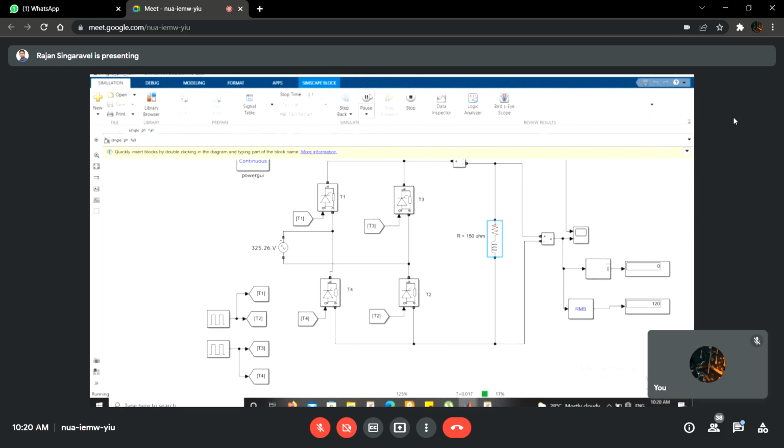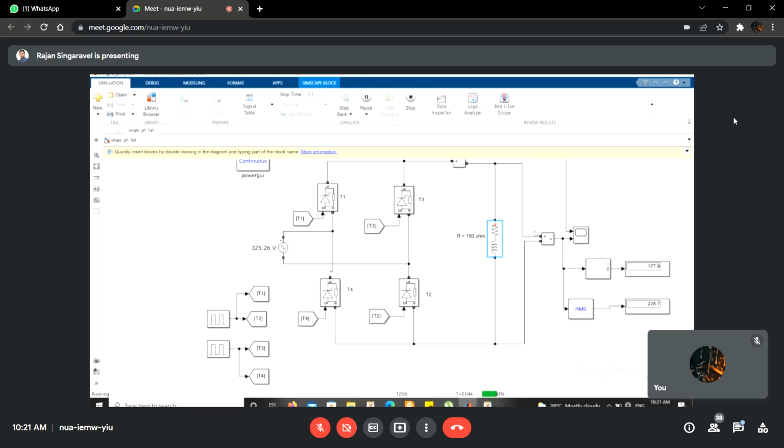Omega L is 23.56 divided by R, which is 30 ohm. So I'm getting 0.7854. I'm getting the load angle as 38 degree.